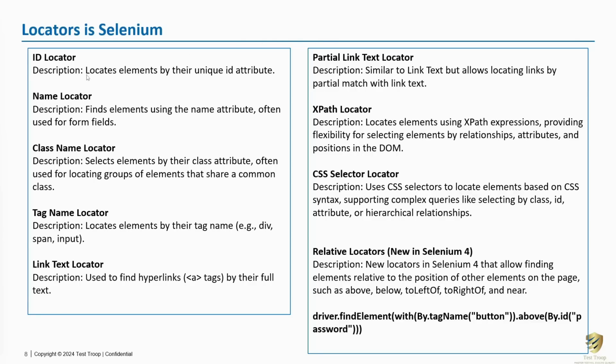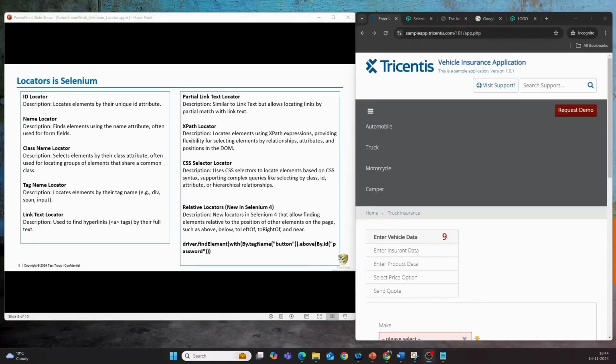Let us start with ID. It locates the element by its unique ID attribute. Selenium uses an ID attribute to interact with the web element. Let us go to a demo website and see how to use an ID.